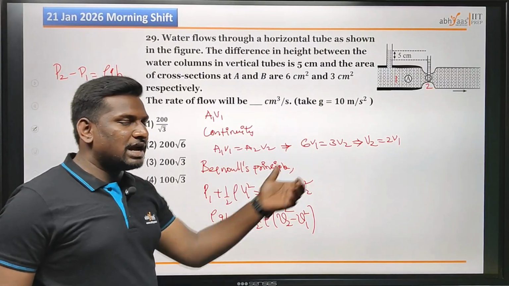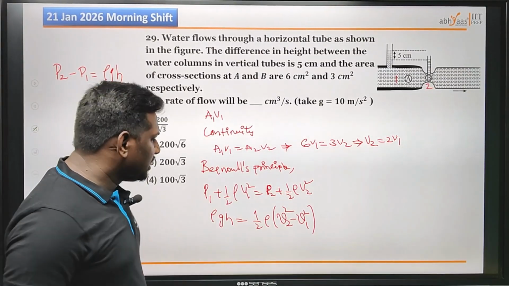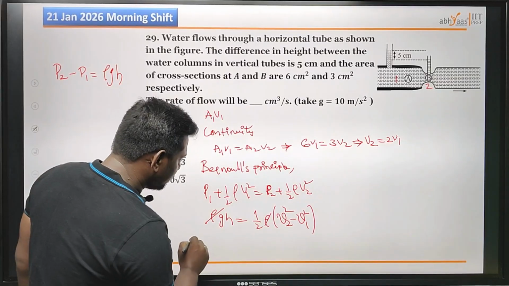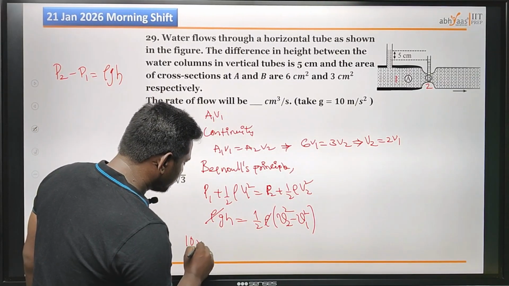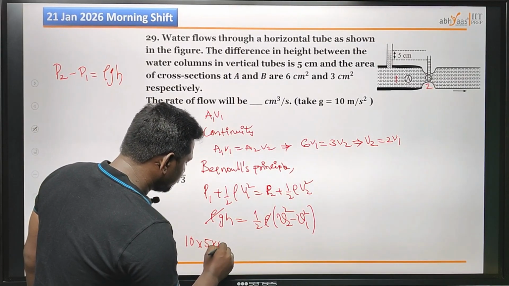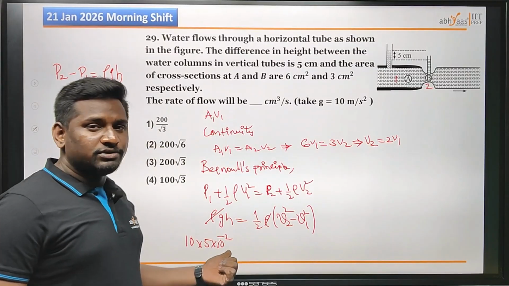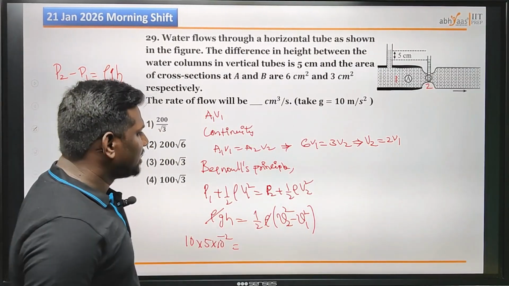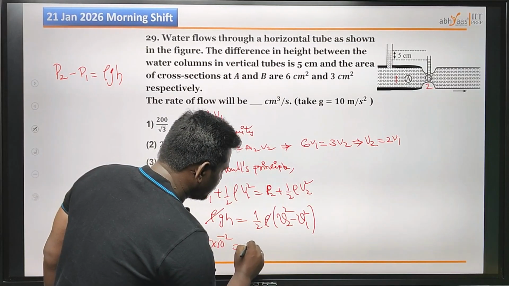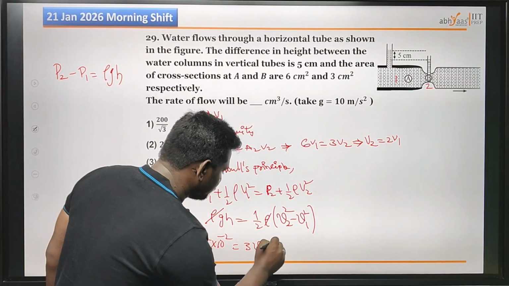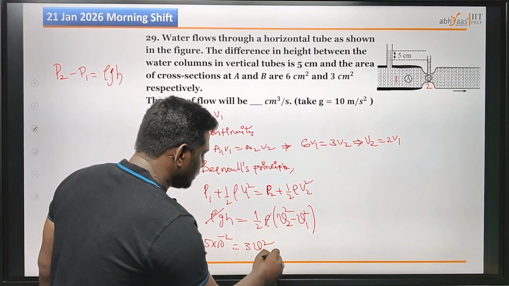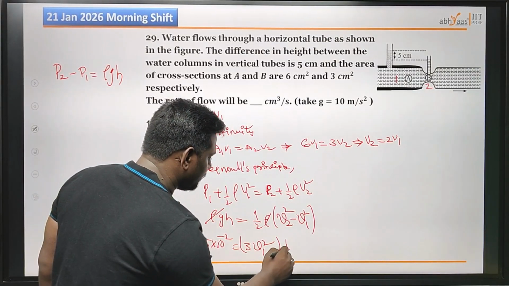If you substitute the value of V2, rho gets cancelled, and the value of G is 10, height is 5 centimeters, which I have changed into meters. So we are getting 3 V1 square into half.